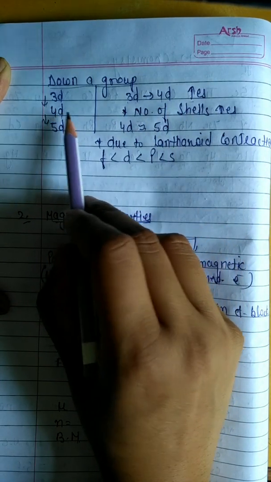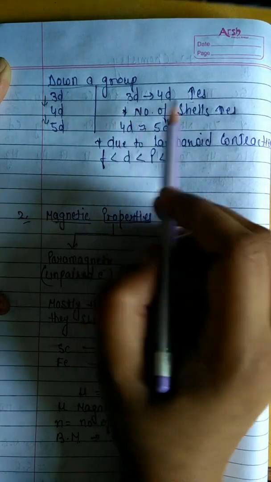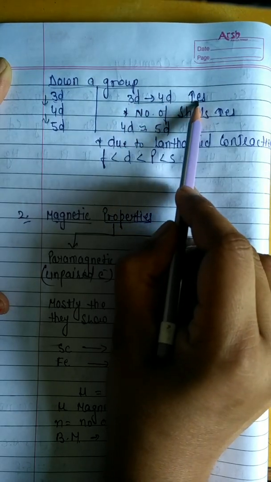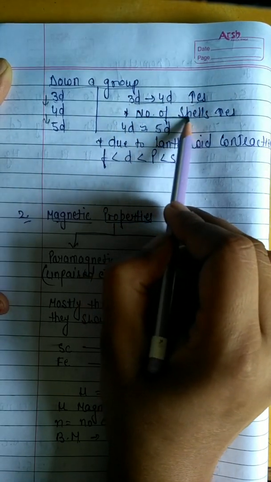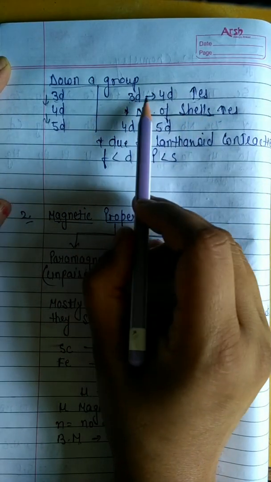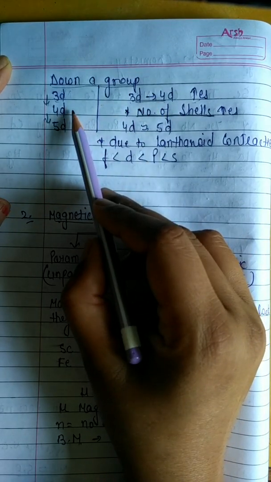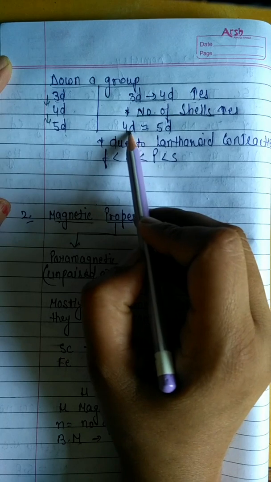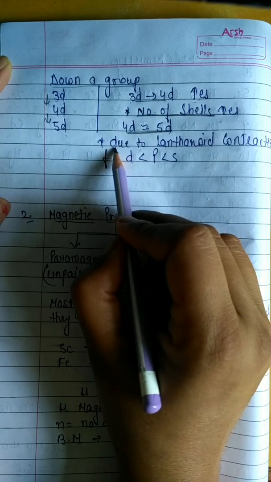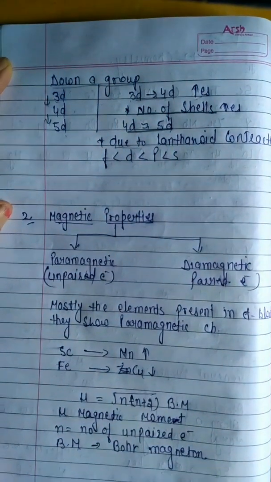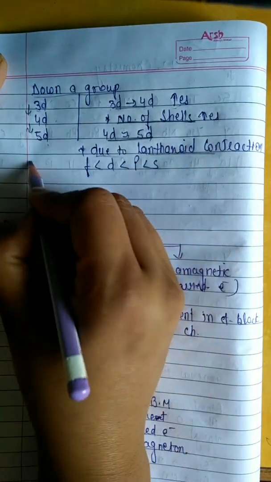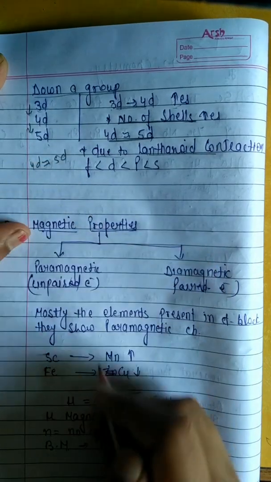But when we move from 4d to 5d, the atomic radius remains the same. What is the reason behind it? That is due to the lanthanoid contraction. Due to the lanthanoid contraction, the atomic radius remains the same for 4d and 5d elements.